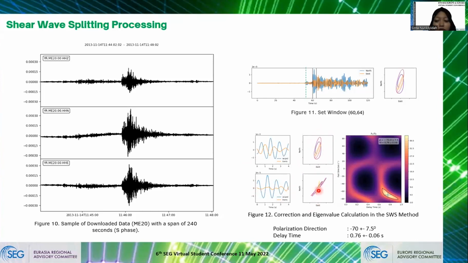The bar on the right depicts the topography of calculation of minimum eigenvalue, which shows the direction of polarization, which is -70 plus minus 7.5 degrees, and the delay time is 0.76 plus minus 0.06 seconds.